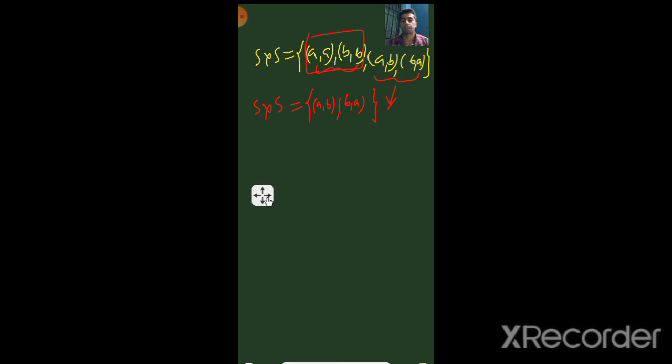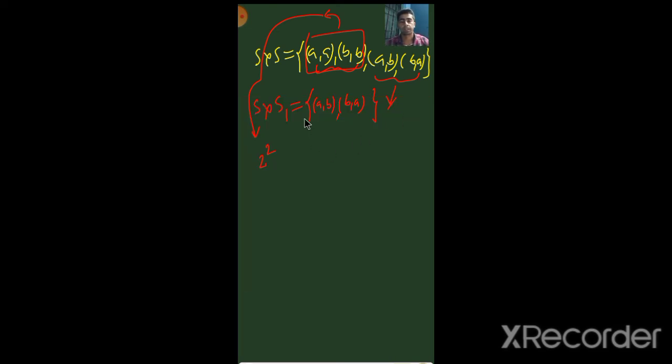Suppose this is S cross S1. Then the total number of subsets of S cross S1 is 2 to the power 2, and if we include these two elements in all such subsets, we will get all the reflexive relations.